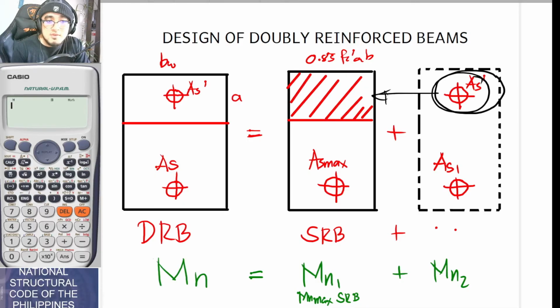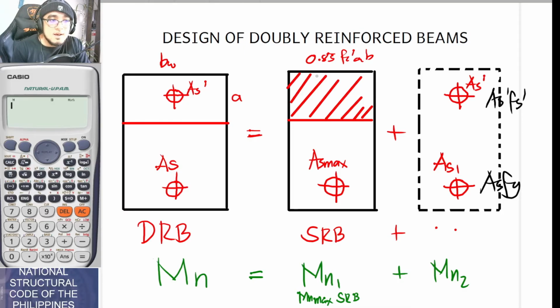Short answer to that, guys: it is a very good question. But if you would be solving for it, since the value of your AsFy is equal to AS prime Fs prime, they would just simply cancel out. Thus, the value for your C here would still be the same. Kung hindi nyo naintindihan yun, it is better if you would be having an example problem later on.